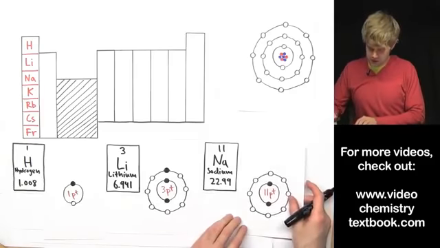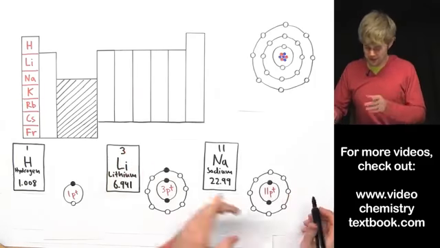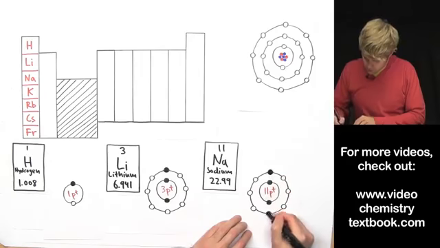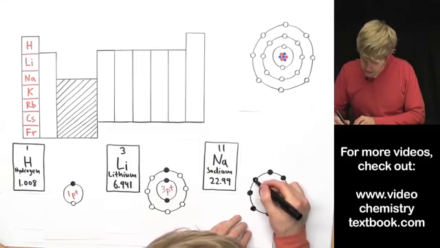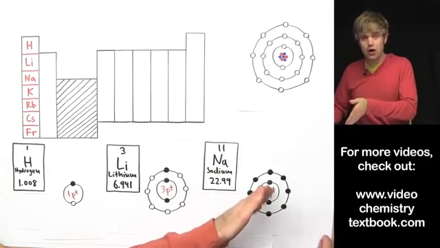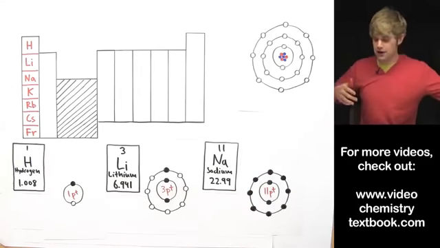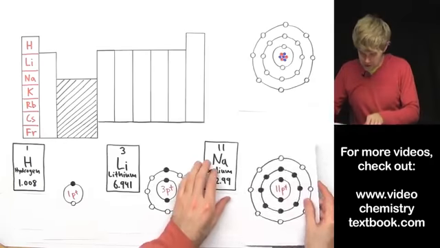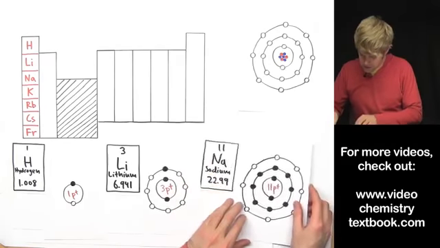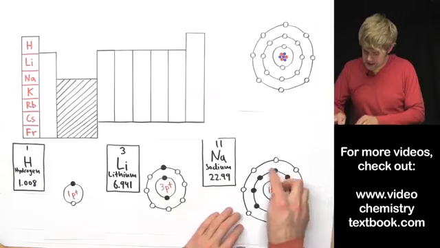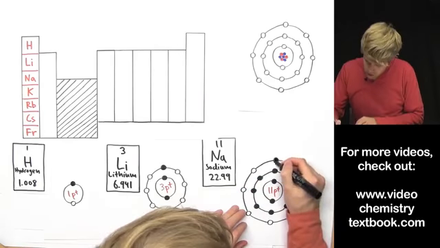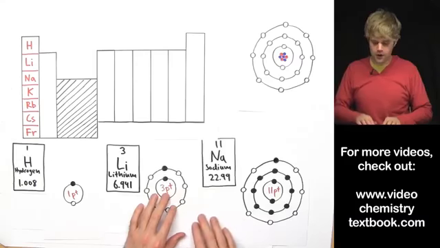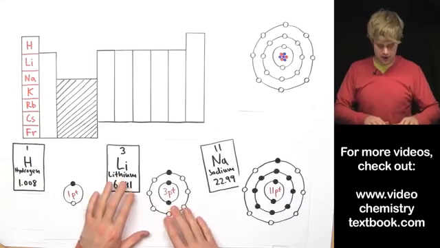Now that's full, so we're going to start filling the second energy level: 3, 4, 5, 6, 7, 8, 9, 10. And finally, these are all full, but we still have more electrons, so now we have to bump it to the third energy level. Here's a third energy level that we can start filling in. 10 electrons are already in the atom, so we're going to add 1 more. And now there's 1 in this third energy level.